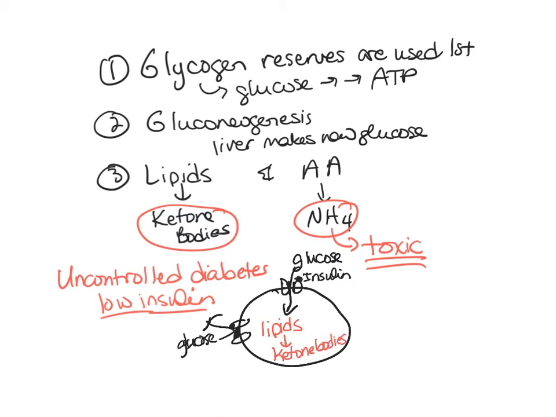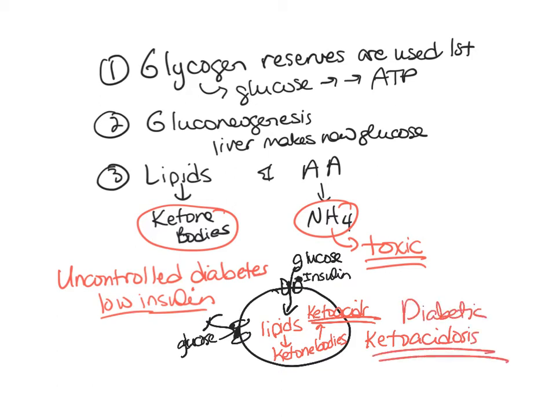We're going to learn later that ketone bodies then will be converted to keto acids. And if there's too many keto acids, then we end up with a ketoacidosis. Thus the term diabetic ketoacidosis, which is a dangerous condition that a person has if they have uncontrolled diabetes.